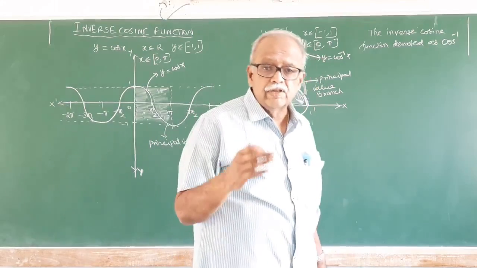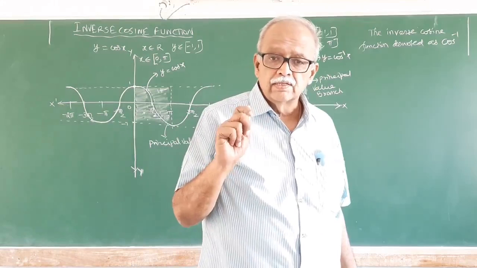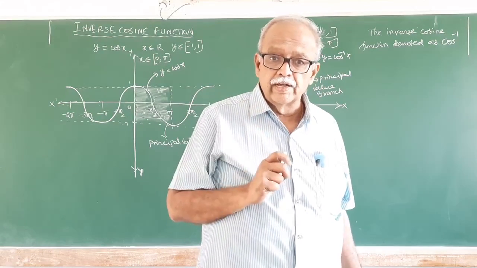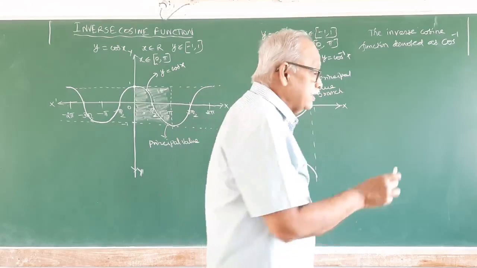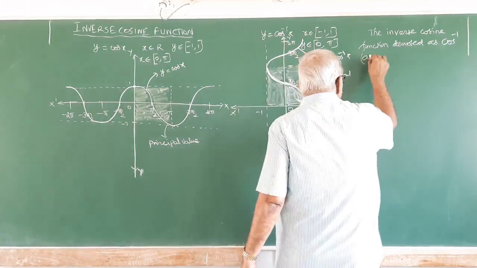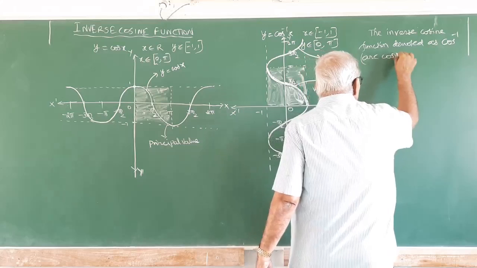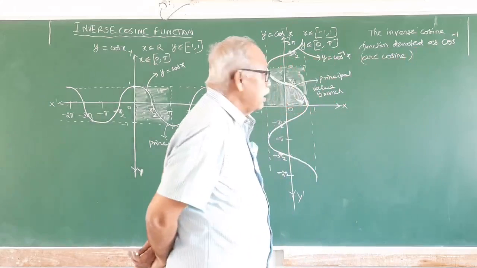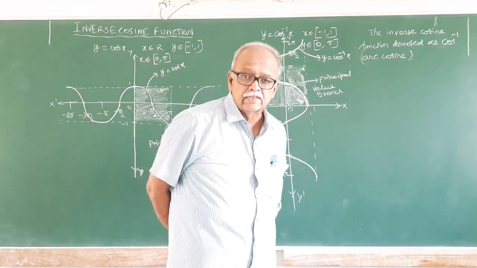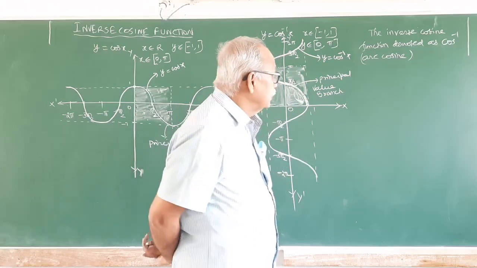Yesterday, in previous classes, we did sine inverse. There I had given you that inverse functions also have another name. What is that name? In brackets, arc cosine. Arc cosine means cos inverse.